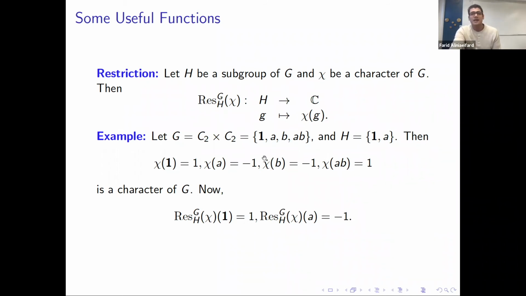Again, as an example, if I pick this chi, which is a character of G, which maps 1 to 1, A to -1, B to -1, and AB to 1, then the restriction of this character to H, since the elements of H are 1 and A, at 1 is 1 because chi of 1 is 1, and the restriction of chi at A is -1 because chi of A is -1.